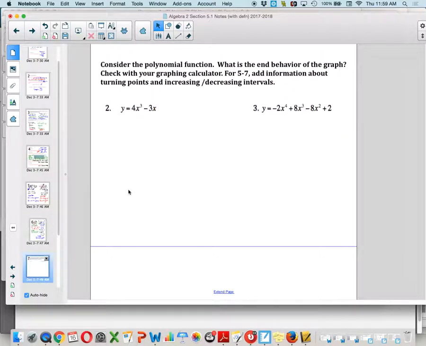So when you look at this, we want you to start to think about what is the end behavior of the graph. Now here's what I'm going to ask you to do. I want you to put in 4x cubed minus 3x. Your job on this portion is to pause the video and then put it in your calculator and decide what is the end behavior.